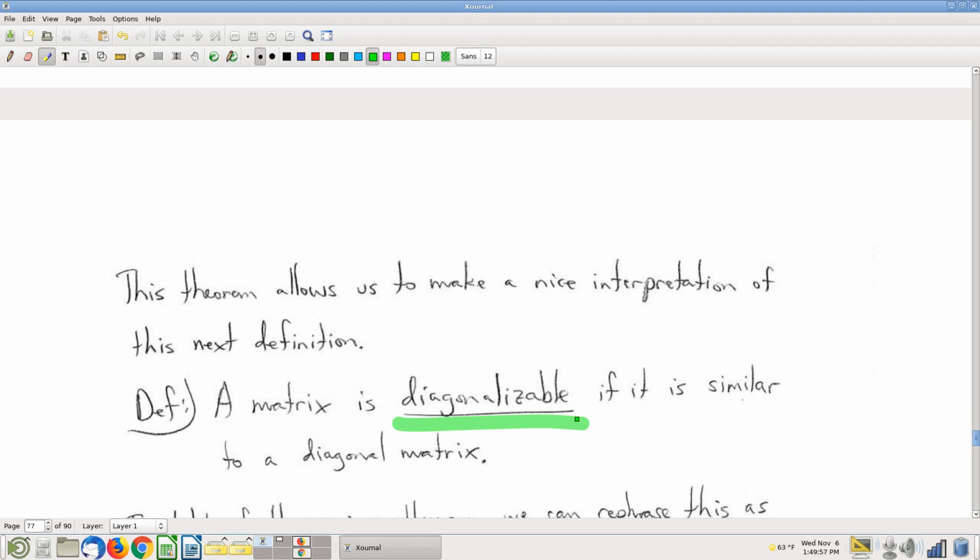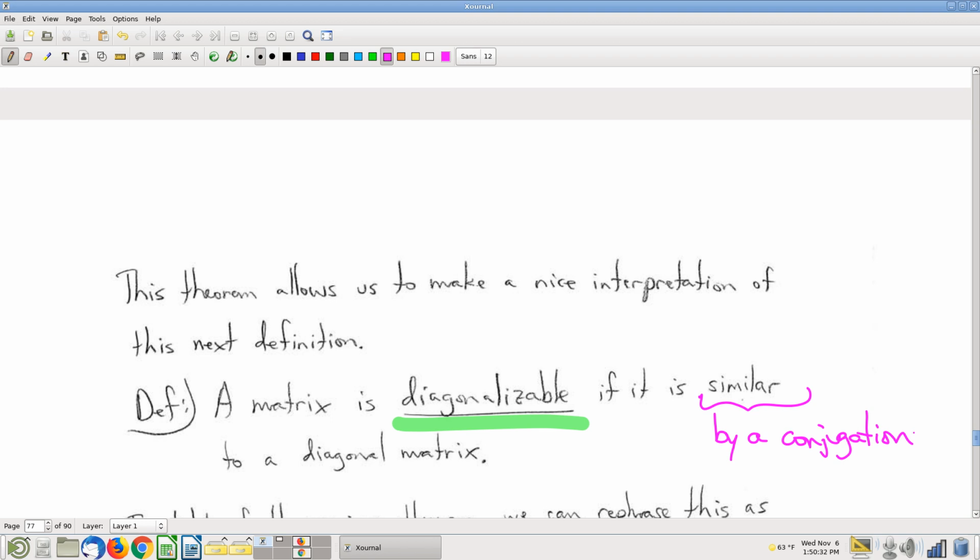So the definition, and I'm going with the book's choice of definition on this: a matrix is diagonalizable if it is similar to a diagonal matrix. I want to talk about the lingo now a little bit. Keep in mind that similar means by way of a conjugation. So think about it from that point of view.